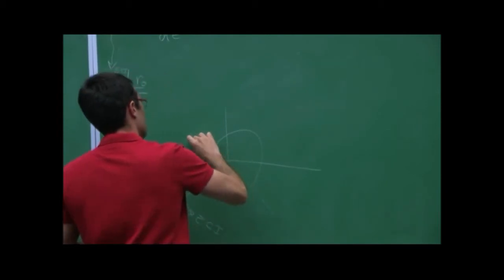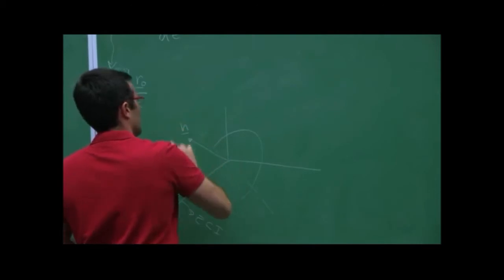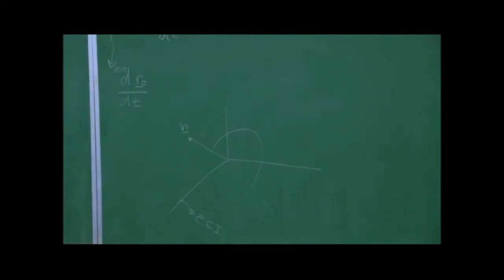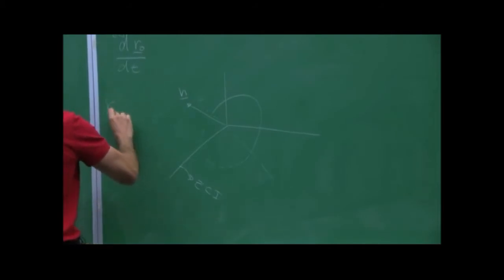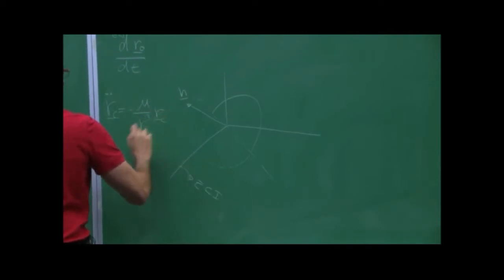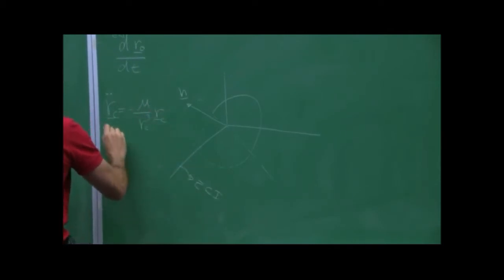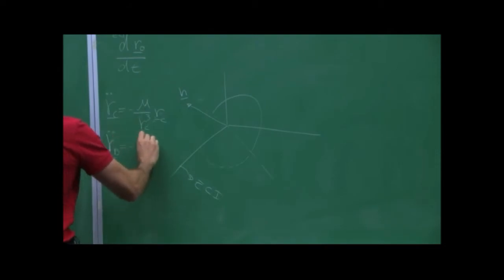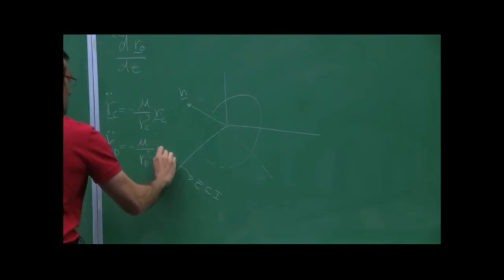This is your angular momentum vector, H. The plane of the orbit is not changing if it's purely Keplerian, meaning that RC double dot is nothing else than minus mu over RC cubed times RC. And the same would happen for the deputy if both only see a perfectly spherical planet. This applies to both of them unless you maneuver. The plane doesn't change, right?